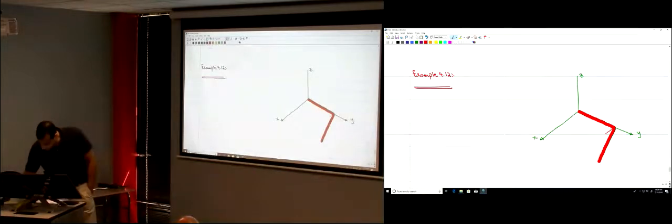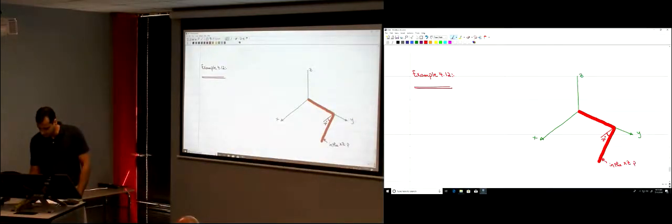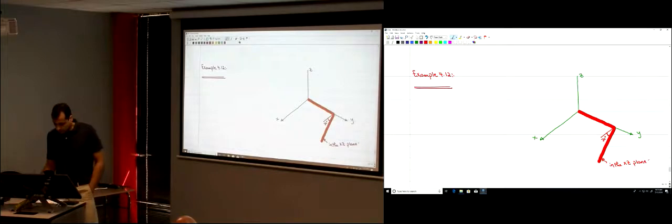So this angle here is 30 degrees. This is in the XZ plane, okay? This is point O, this is point A, this is point B.